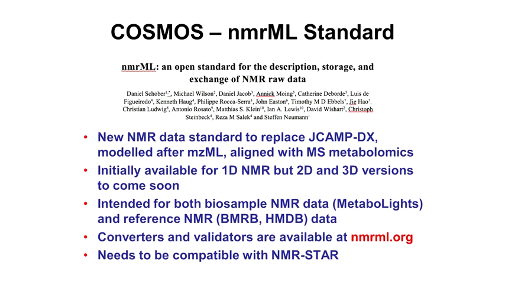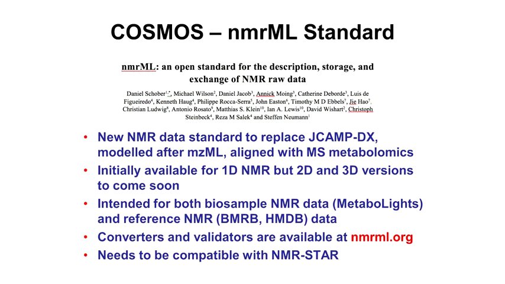JCAMP-DX is still used for infrared and a few other ones, but it's an ancient format, and it wasn't designed to handle mixtures or the biosample layer. Right now, the version that's being published is for one-dimensional NMR, but it's flexible enough to handle 2D and 3D, and those will be described more. MetaboLights, which is a standard repository for this, is accepting NMR-ML formats.